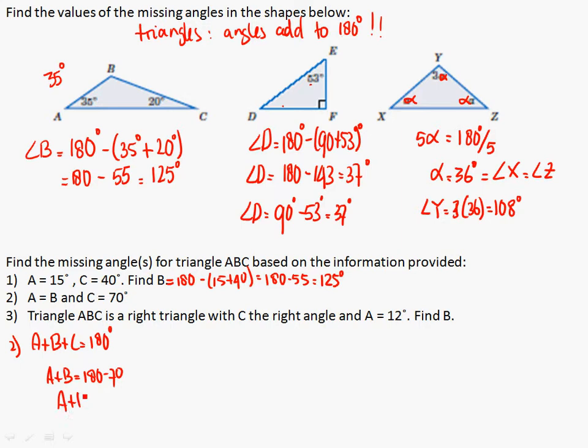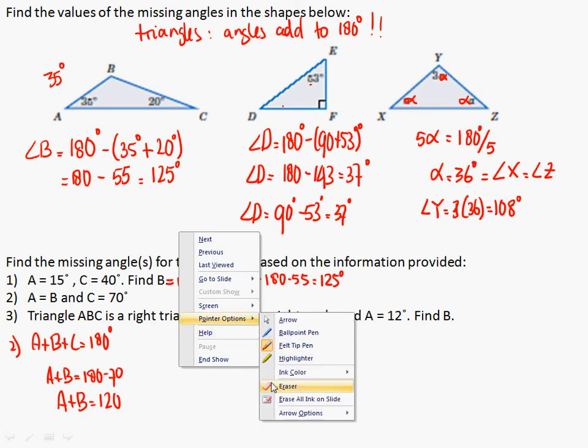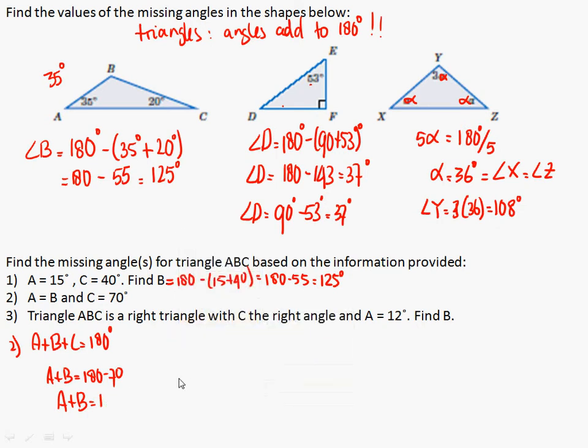So A plus B is 110. Thank you, you're way ahead of me. So yes, I'm going to end up with 55, not 60. You have 110 degrees between the two of them, and you just need to divide by 2 because they're equal to each other. So A is equal to B, so both of those will be 55 degrees.